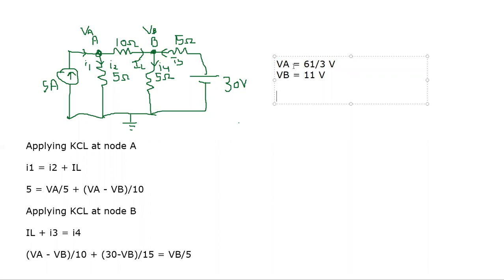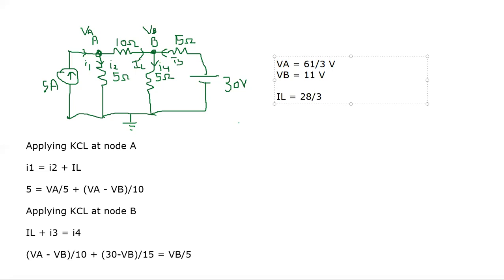From there you can easily find out IL. So what is IL? IL is VA minus VB by 10. So VA minus VB by 10 is 61 minus 33 by 3, and 61 minus 33 is 28 by 3, divided by 10.